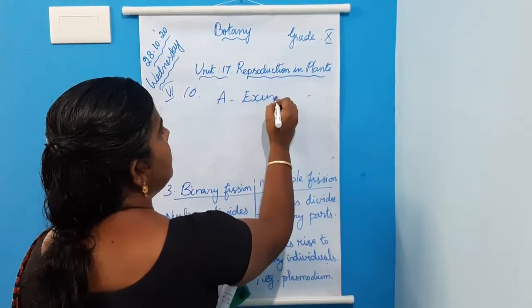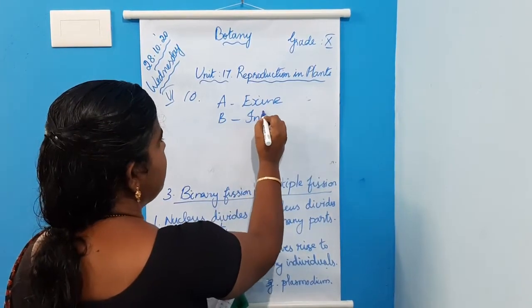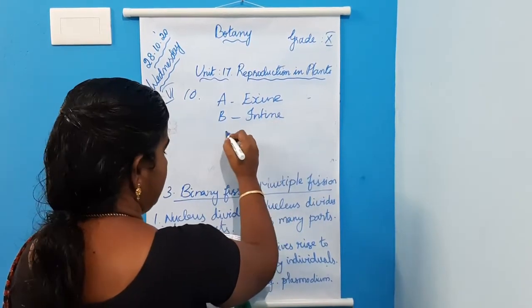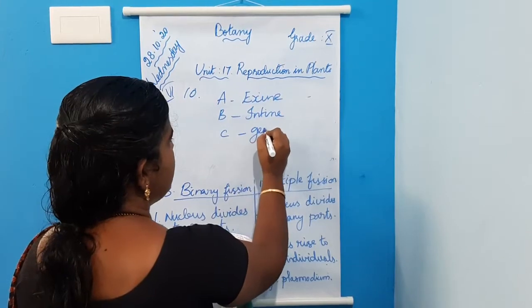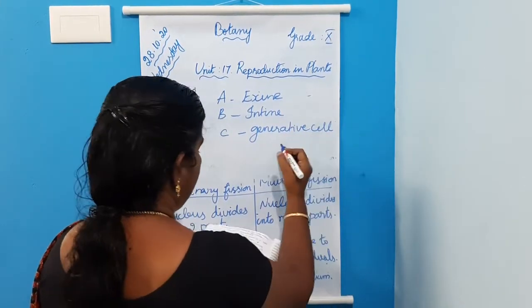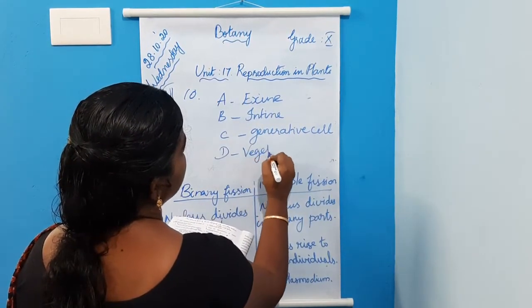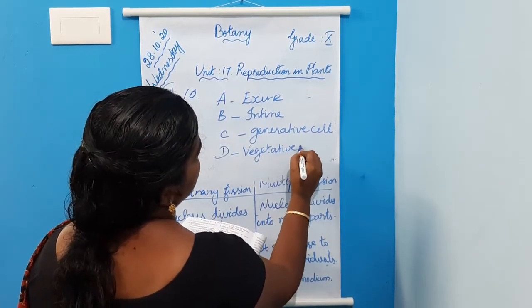Exine. B, intine. C, generative cell, and D, vegetative nucleus.